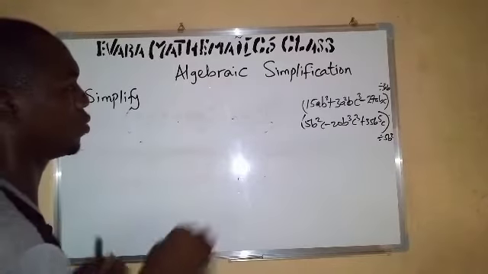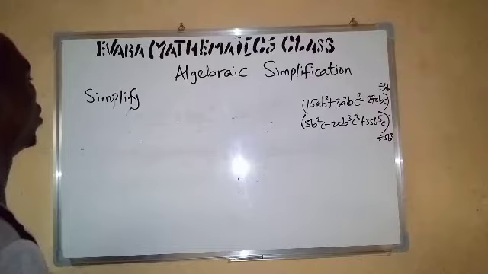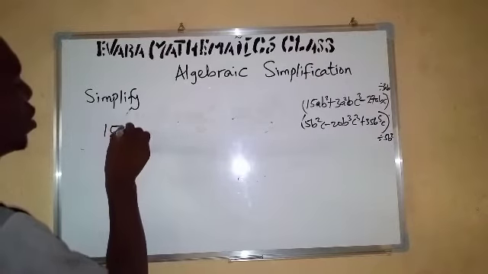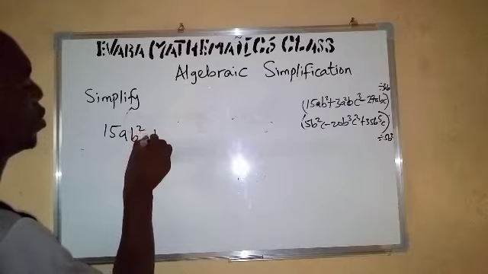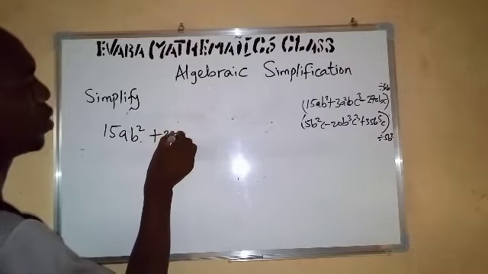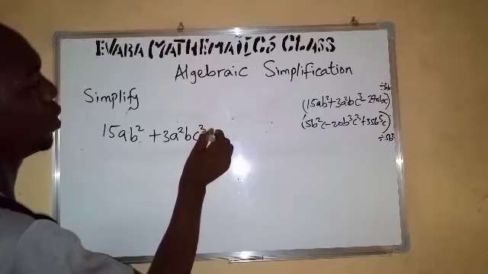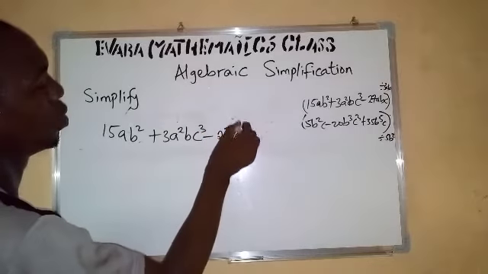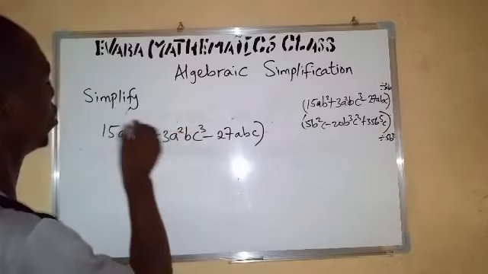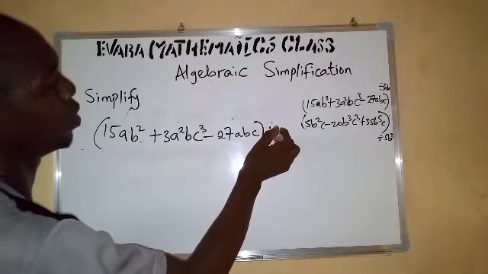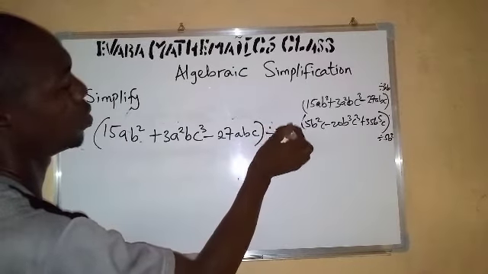The second question says, it's also similar to the first one. 15ab squared plus 3a squared bc cubed minus 27abc in bracket divided by 3ab.